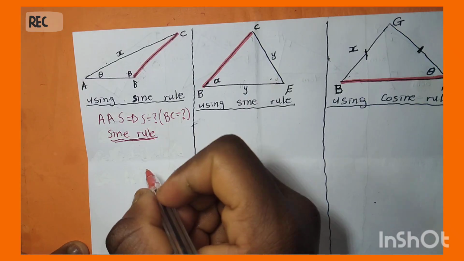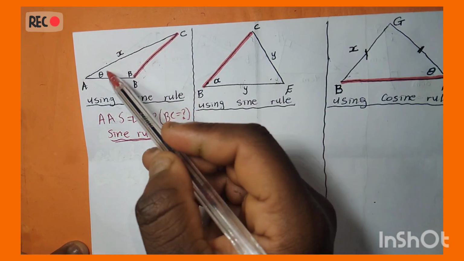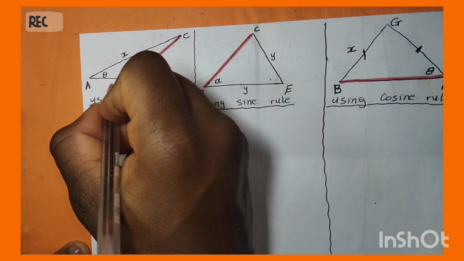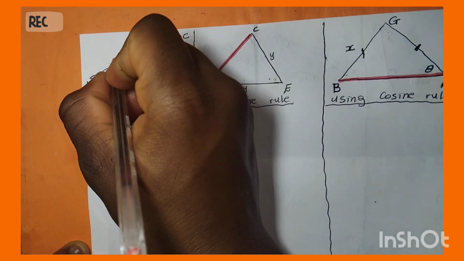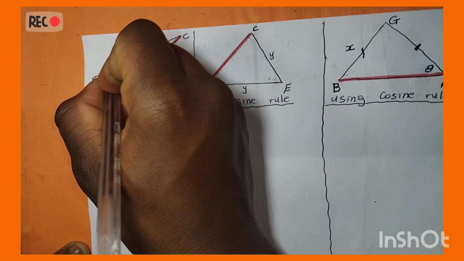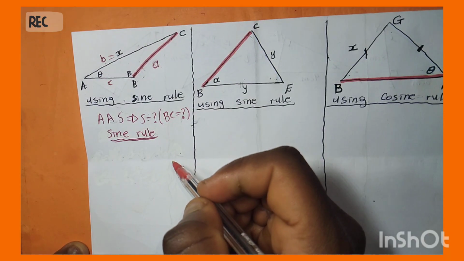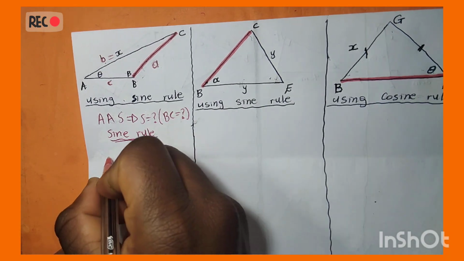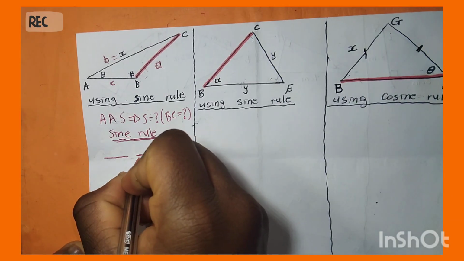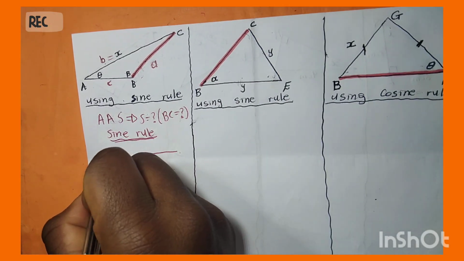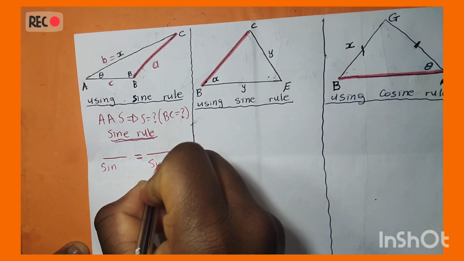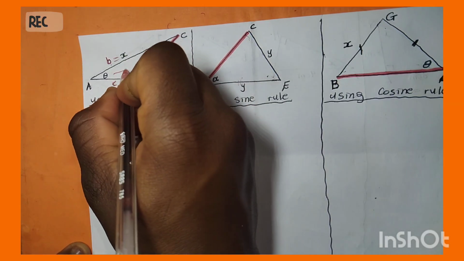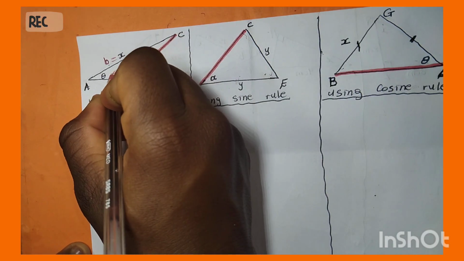The first thing that you do is identify all the sides with small letters, meaning this one is small a, this one is just c, this one is just b. Do you see? So again, now I can form my equation. Guys, I hope everyone knows how to form the equation. Then we can just say sine, here sine. But before you form your equation, try to connect the information that you have.